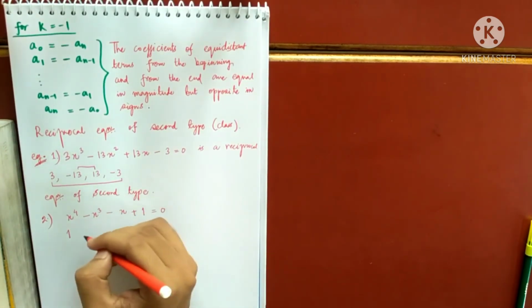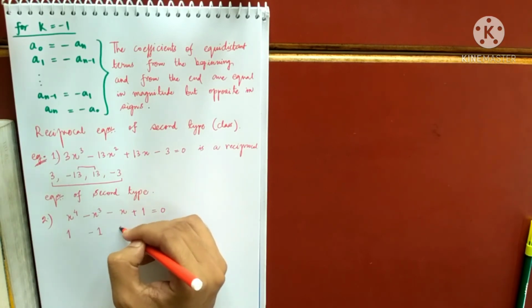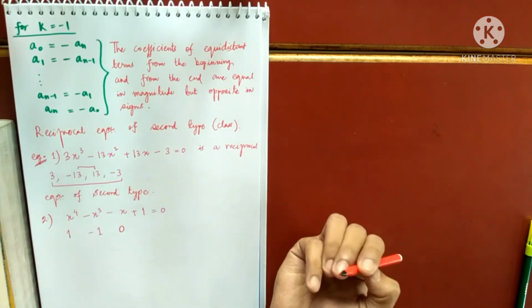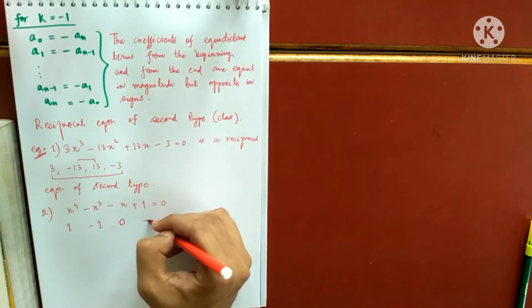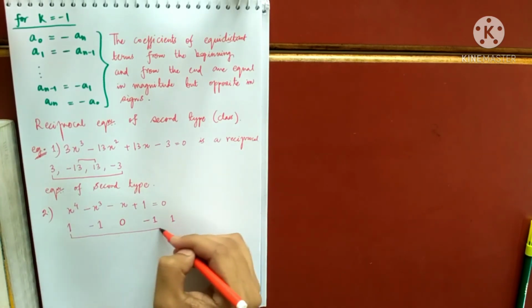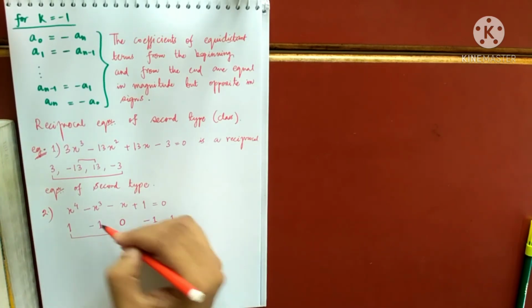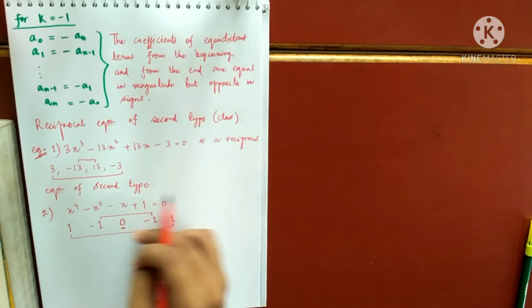The x to the 4 coefficient is 1, the x cube coefficient is minus 1, x square is absent, that means 0, then minus 1 and then 1. Look at the coefficients: this and this are the same, this and this are the same, and the middle one is the same as itself, because it is equidistant from the beginning as well as from the end.